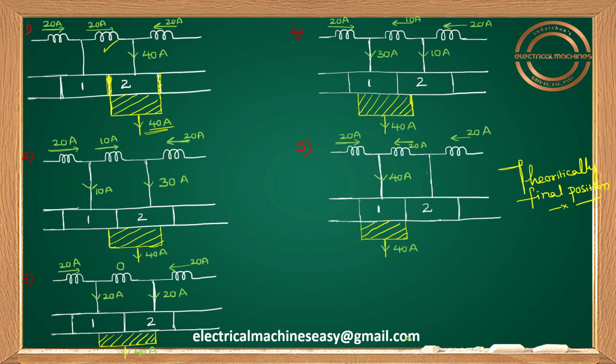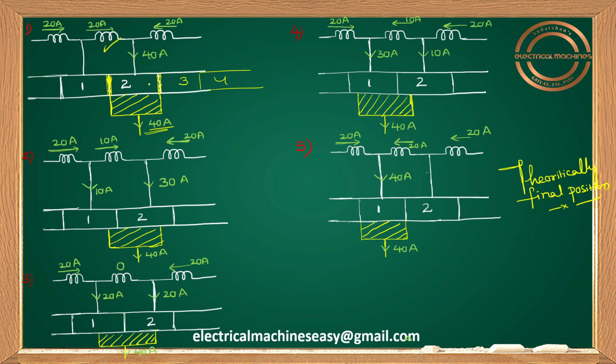Whenever the mica insulation breaks down, this entire voltage will appear across it. I take an example of only segment number one and segment number two, but you'll have many more segments: 1, 2, 3, 4, 5, something like that. A group of commutator segments is what I'm calling the commutator. Try to understand here: if more EMF is induced in a particular conductor, the mica insulation between segment number 1 and 2 will break down.